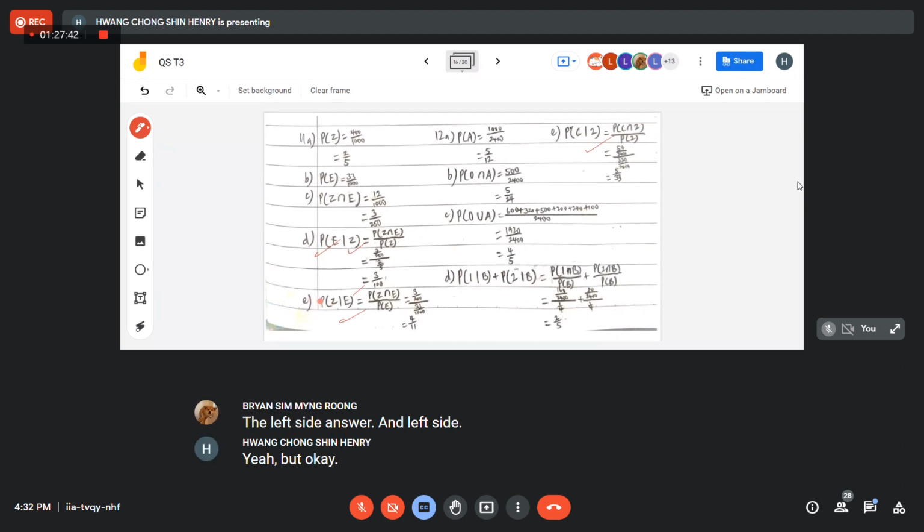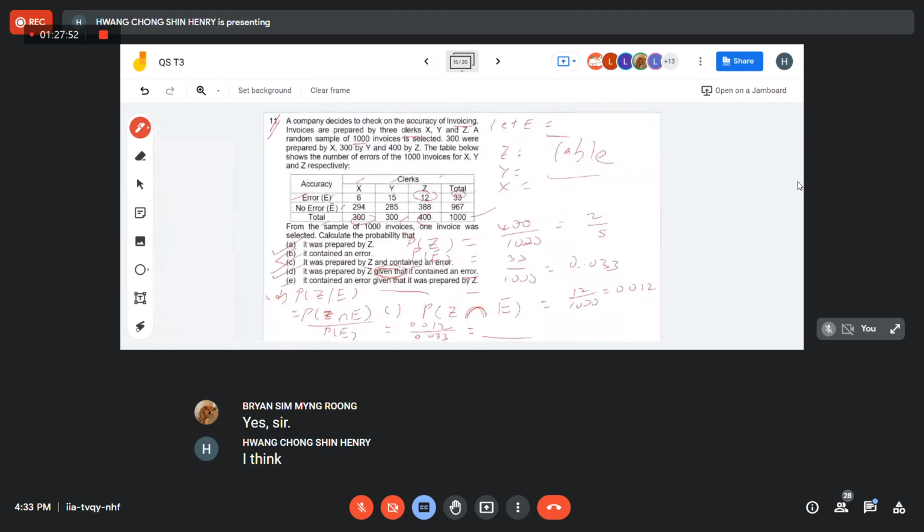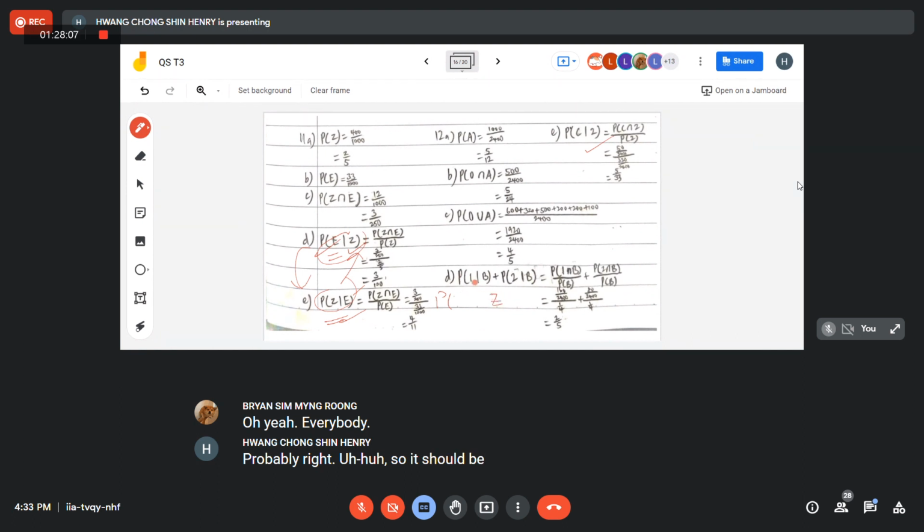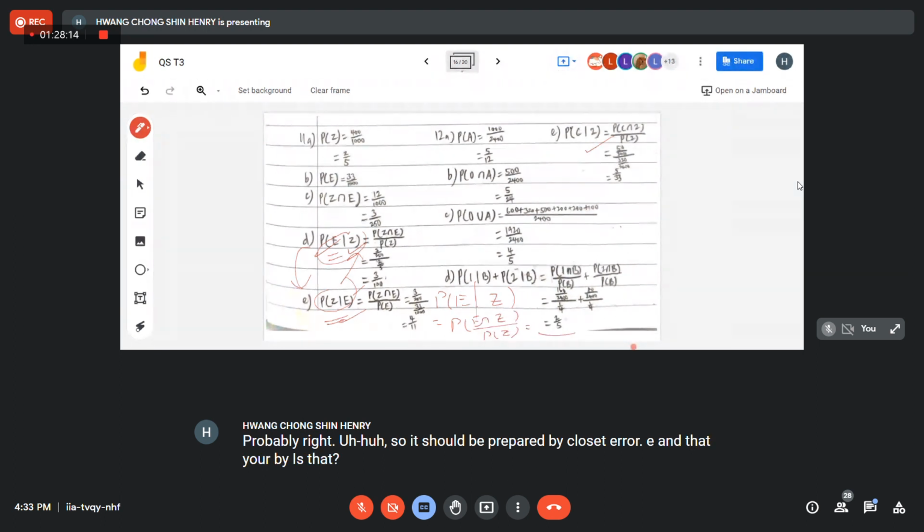But look at your E. Why should your E be Z? I think you have to swap, right? Your answer, prepared by Z. This is our condition. Yes, swapped already. So it should be prepared by clerk Z, error: P(E and Z) divided by P(Z). Okay, so you go and do it, everyone.